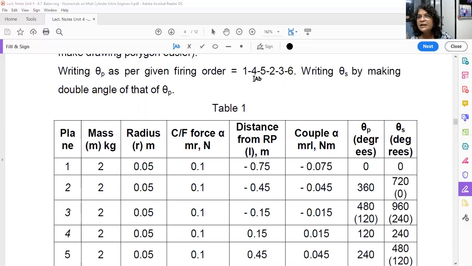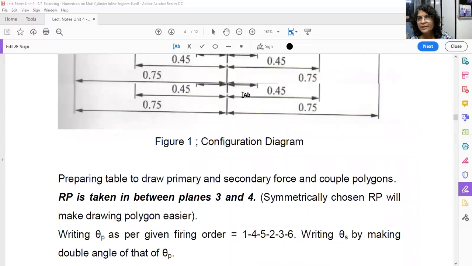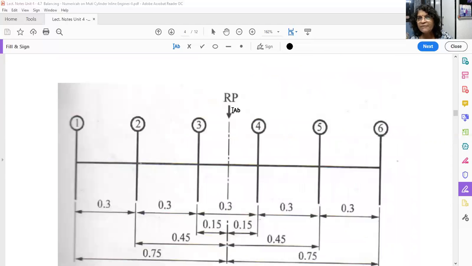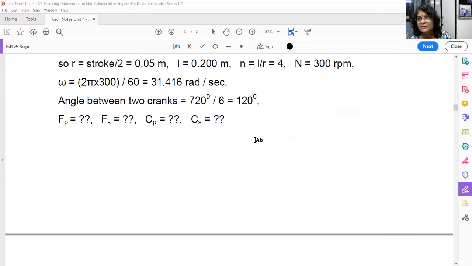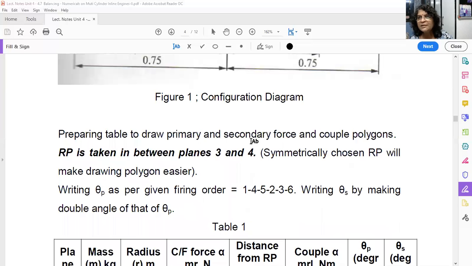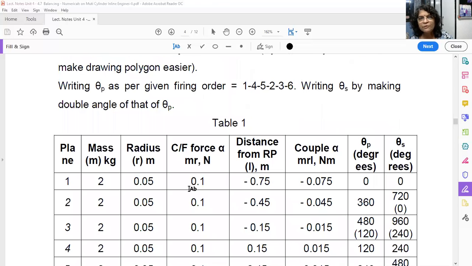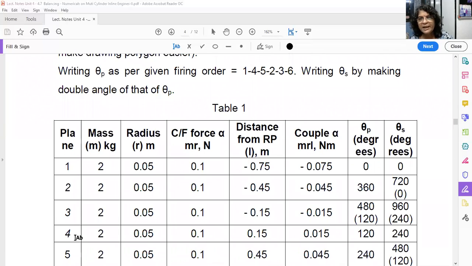Then for cylinder number 4, what is the angle between two cranks? Here we have written it is 120 degree. So after 1 it is 4. As cylinder plane 1 is 0 degree, plane 4 is 120 degree. Then plane number 5 is 120 plus 120, 240.